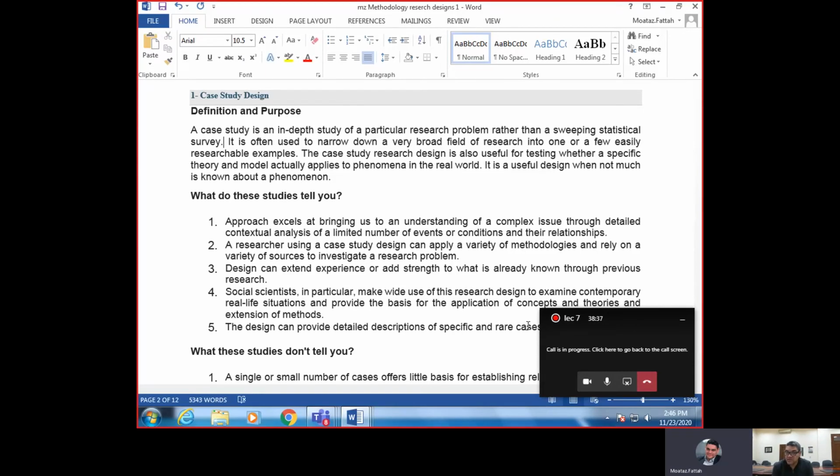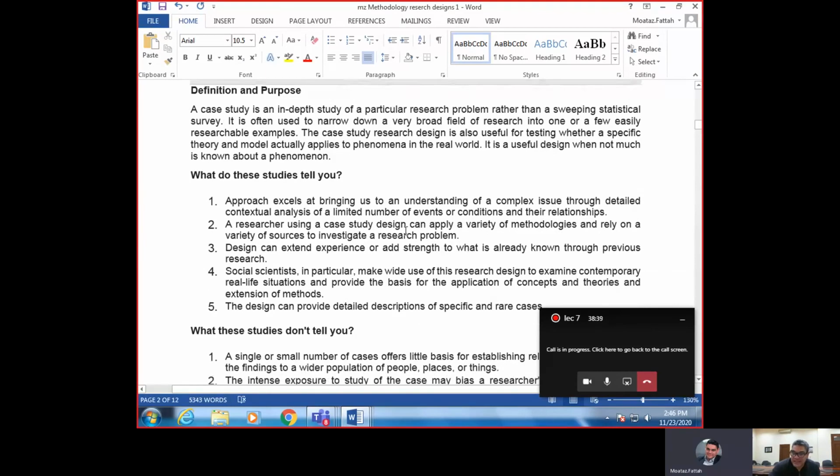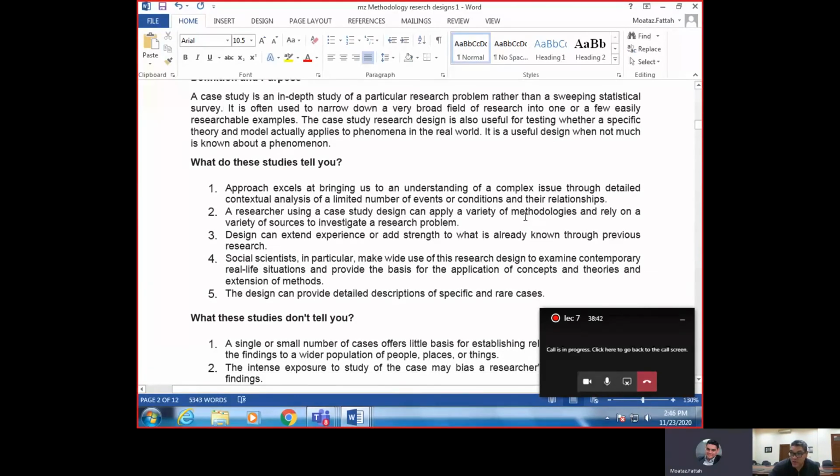A researcher using a case study design can apply a variety of methodologies and rely on a variety of sources to investigate a research problem. Here, a case study does not mean that you are limited. Actually, I can use quantitative analysis.